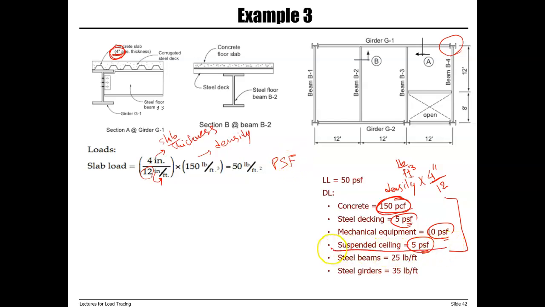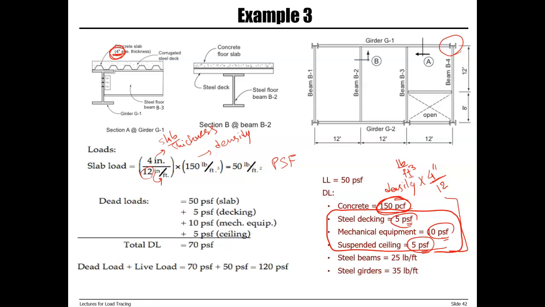And the rest of the detail of the flooring was already provided in pound per square foot, pound per unit area. So we can add all of them together. Dead load of concrete slab is 50 psf plus 5 plus 10 plus 5. The total dead load is 70 psf. We also have the total live load.